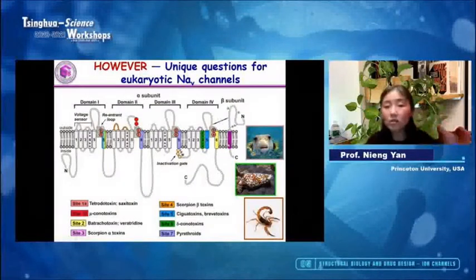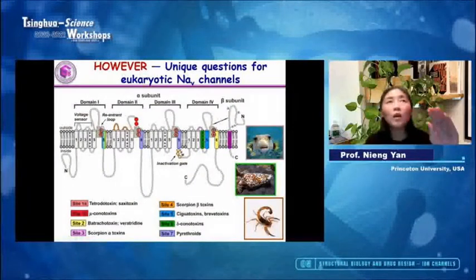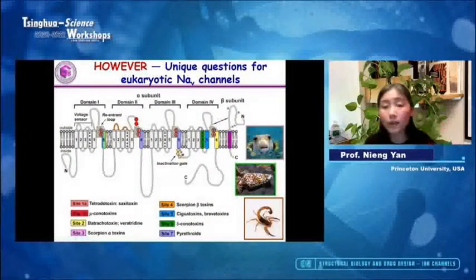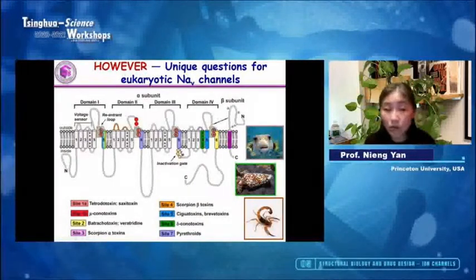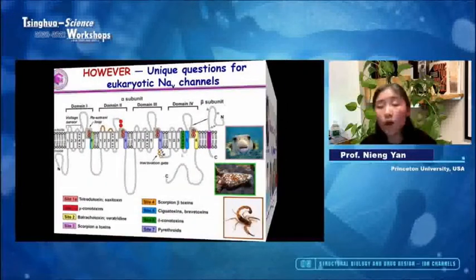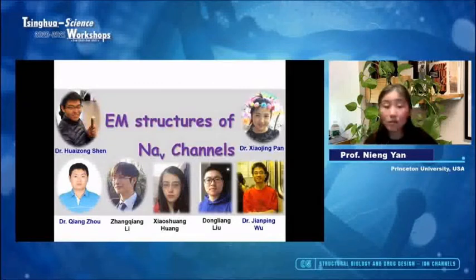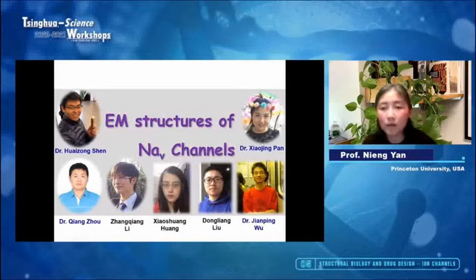Unfortunately, these sites cannot be recapitulated on the model of potassium and bacterial sodium channels. Therefore, a structure of eukaryotic sodium channel is really required to understand the action of these toxins, and also local anesthetics, some FDA-approved drugs. So, okay, this is the end of my introduction, 20 minutes.